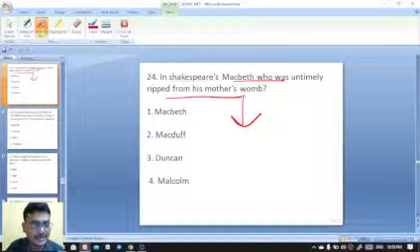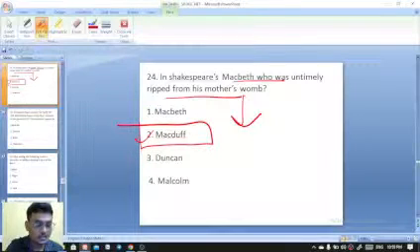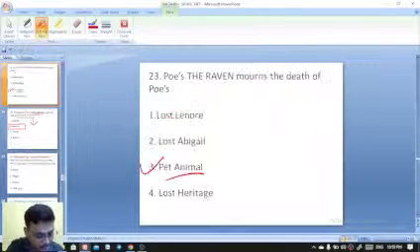So yeah, exactly. Macduff is the right answer. Are you all sure that it was paid animal?